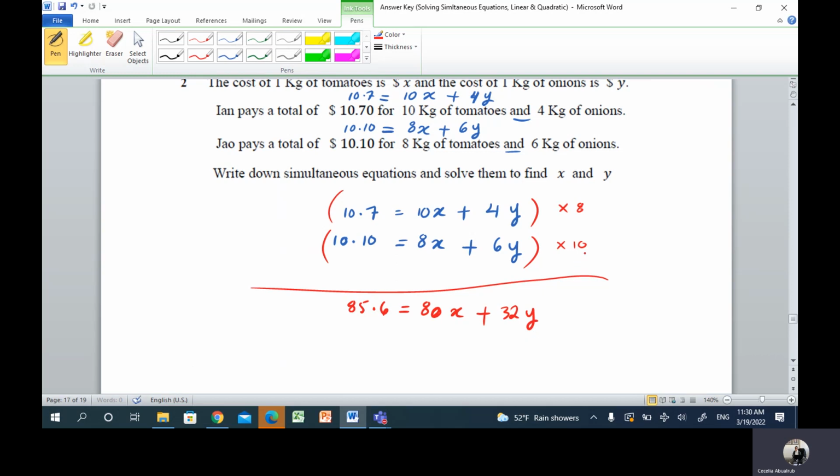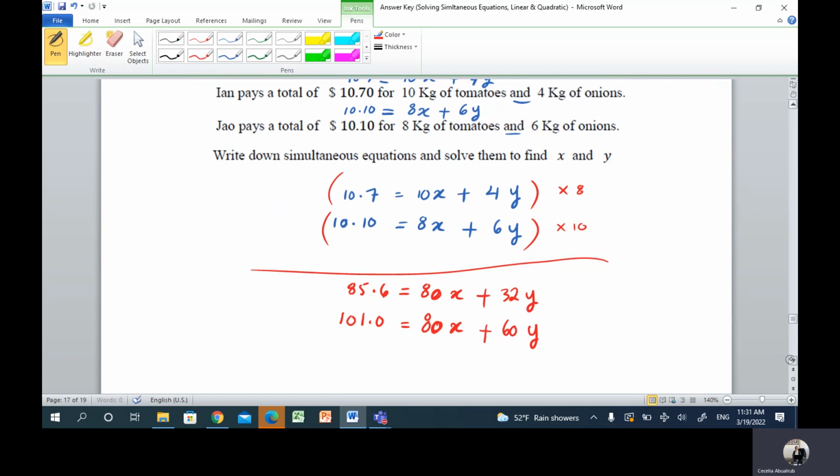And then 10 times 10.10 is 101.0, equals 10 times 8x, which is 80x, and then 10 times 6y, which is 60y.